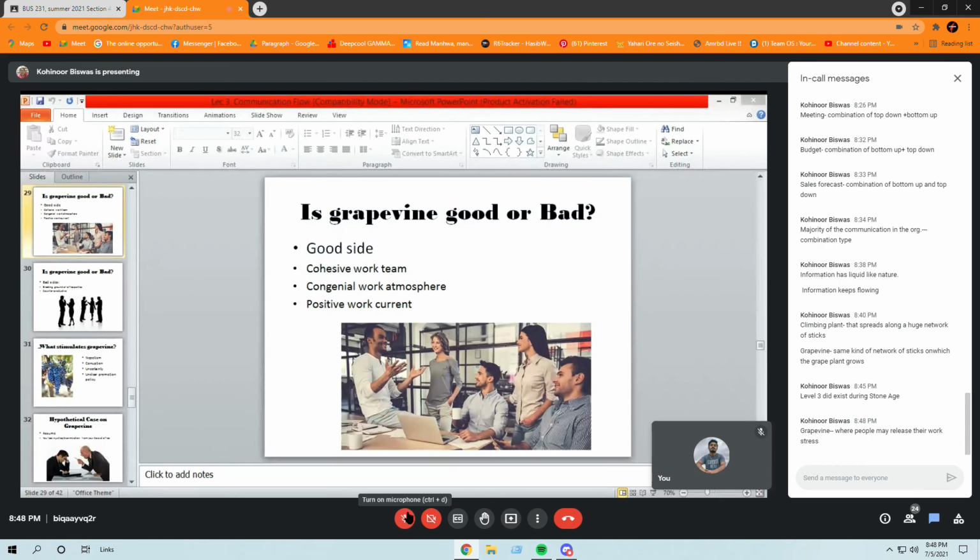Grapevine is the place where people may release their work stress. While they are working, they are also having some informal talk. It helps release work stress, and it also forms good bonding among the team, cohesive bonding. So it creates a friendly, congenial working atmosphere, which is a positive work current. So the good side of grapevine is that these things will help productivity.